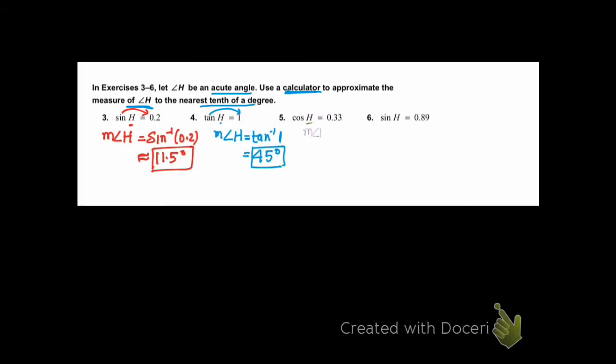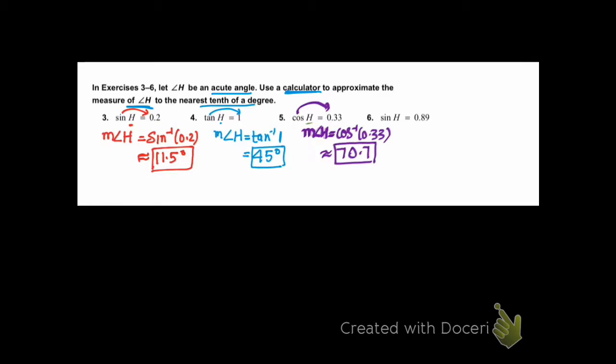Measurement of angle h, that goes on the other side, that becomes inverse of cosine 0.33. And when you solve it, your nearest value by plugging in the calculator is 70.7.